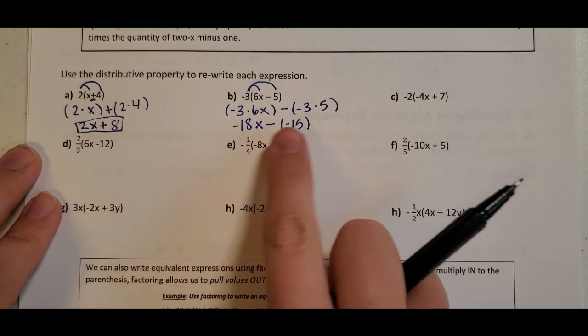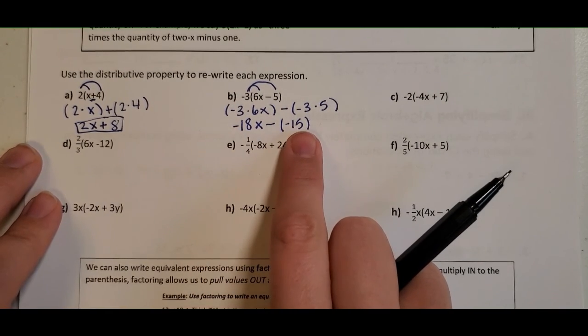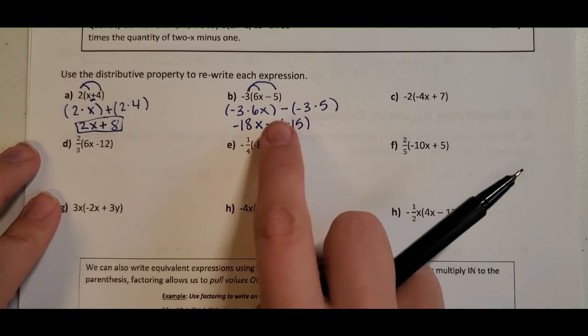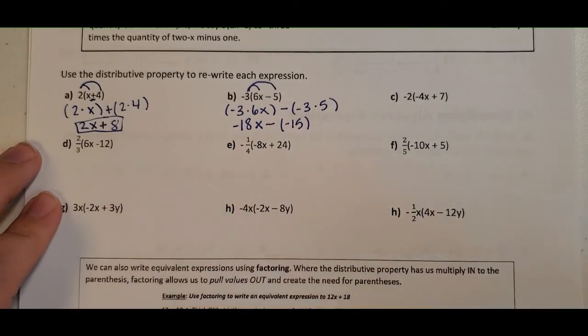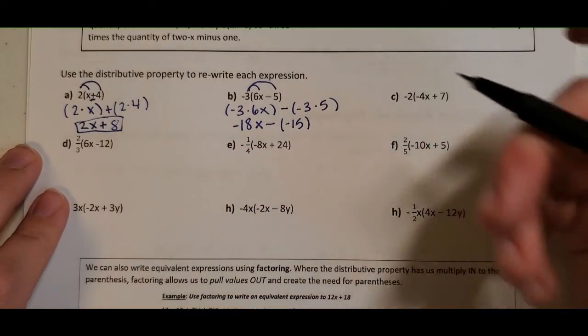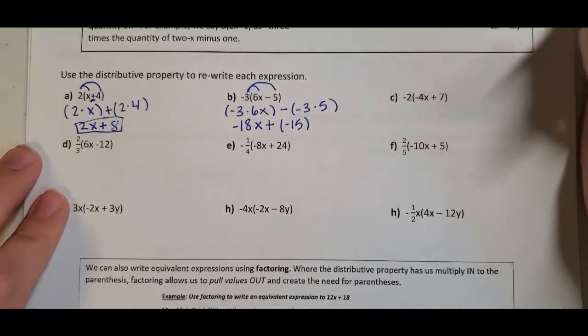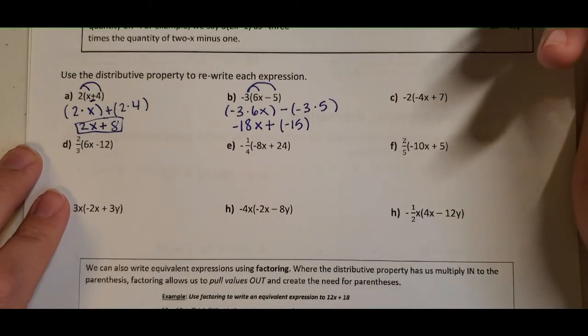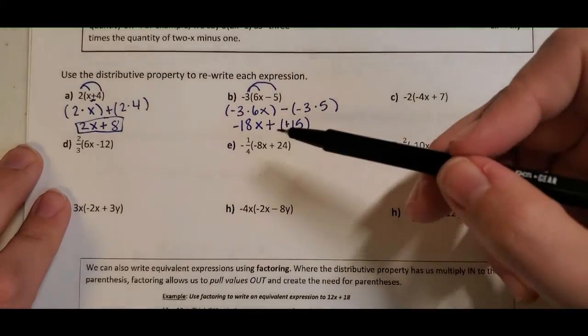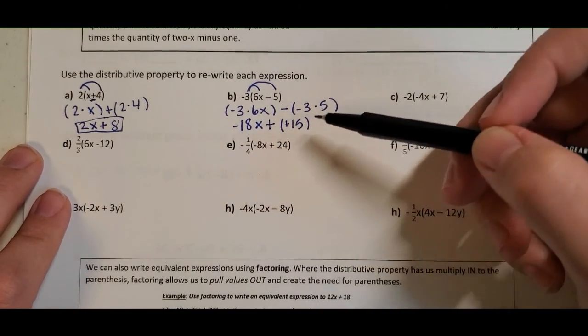Now, because I have integers here, I'm actually going to do the keep change opposite rule, just so there's not 2 negatives right next to each other. So when I do keep change opposite, you're going to keep the negative 18x, you're going to change subtract to add, and the opposite of negative 15 is a positive 15. So now you have negative 18x plus 15.